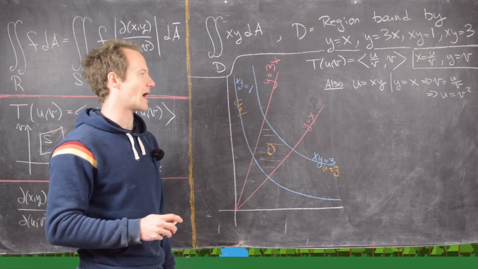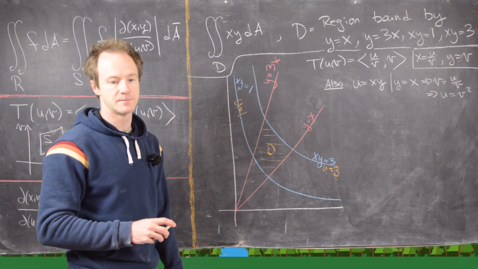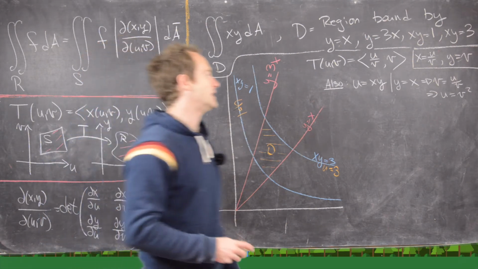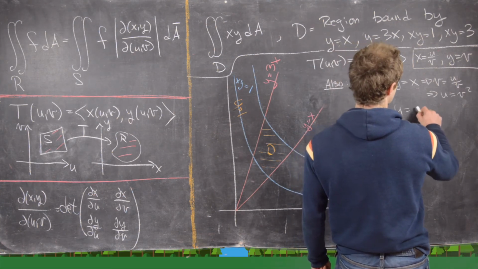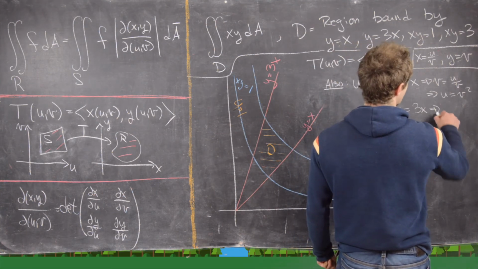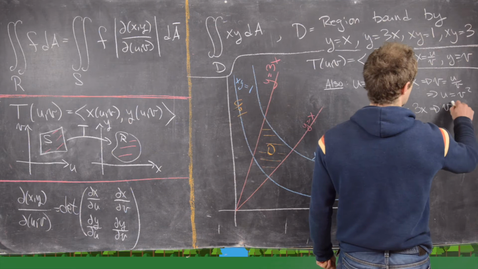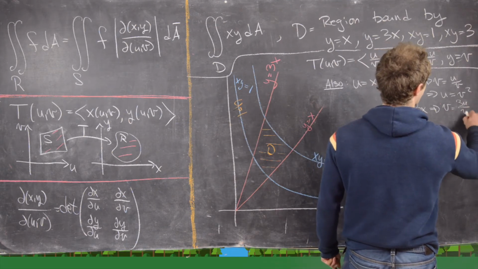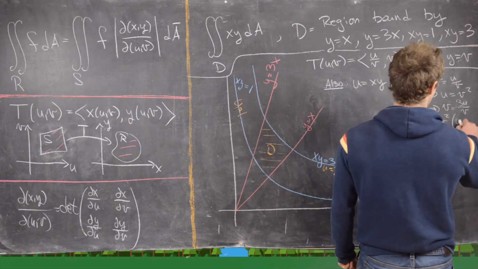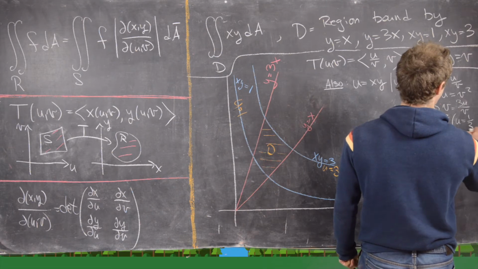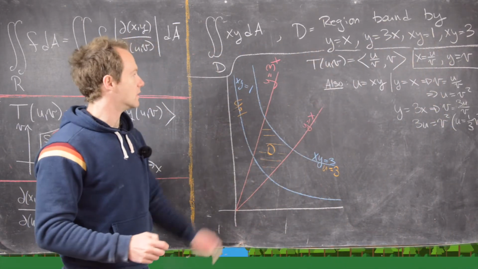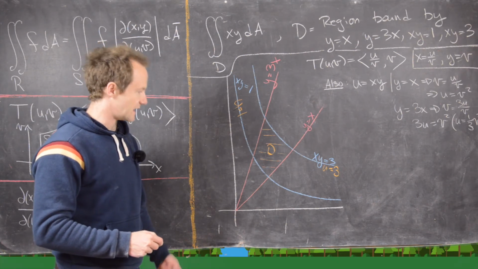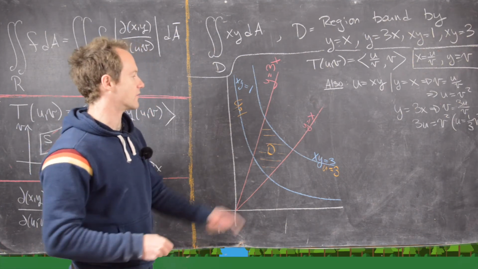That's going to be a parabola on its side. Okay, good. And then similarly, if we have y equals 3x, that's going to give us v equals 3u over v. In other words, u equals 1/3 v squared.